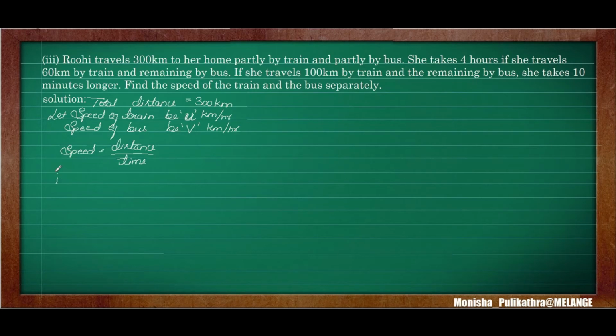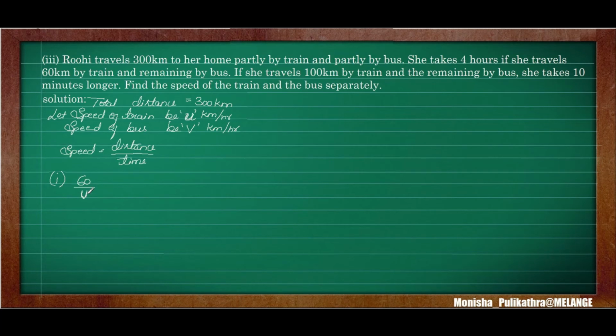In the first case, they have given she takes 4 hours if she travels 60 km by train and the remaining by bus. So the total distance is 300 km, in which 60 km she has traveled by train. The speed of the train is given as u.